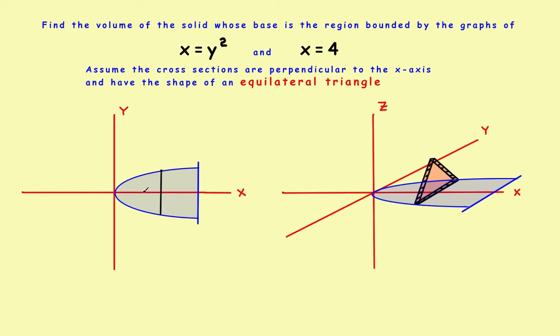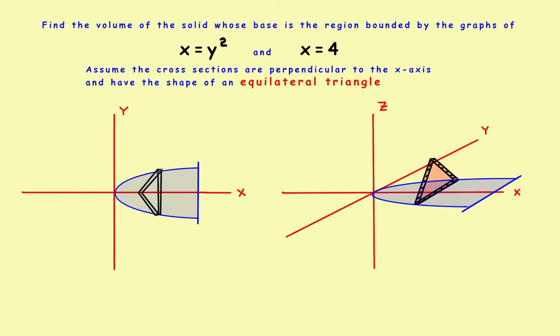I'm going to take it, say, from here to here, down to here. And I also would like to sketch a little thickness to it. So I'm going to go from here to here and down to here. And I'll show it going like this, and say from here up to here.